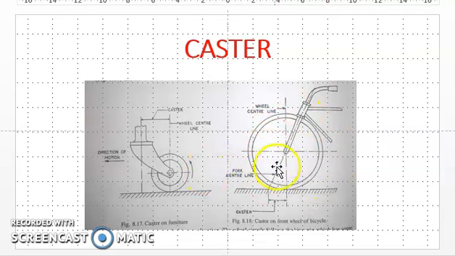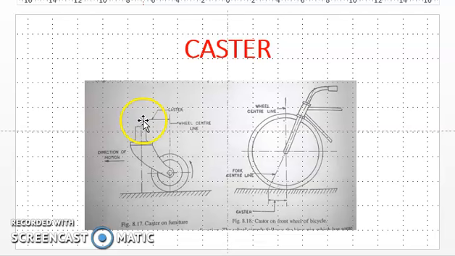This is used positively in all the vehicles. The caster is positive, but in the case of furniture, an example is given, we are using rear or negative caster.